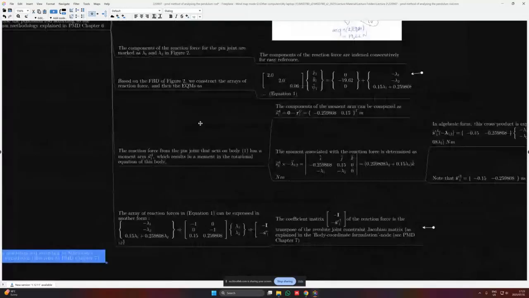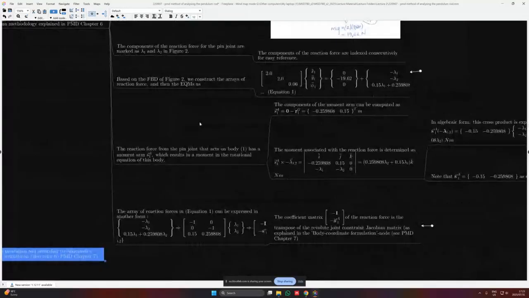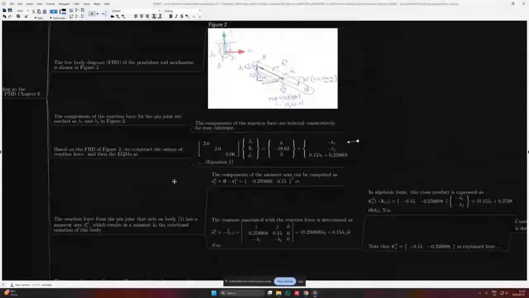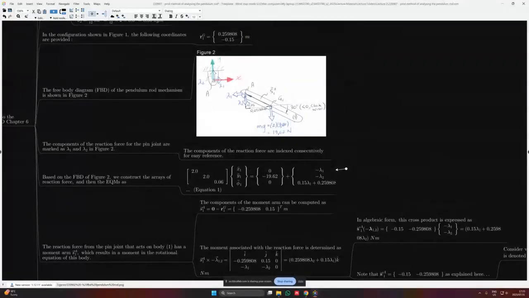All right, then the reaction force from the pin joint that acts on body 1 has a moment arm S1A. So this is the vector that I spoke about earlier. This vector is constructed from the center of mass to point A over here, where the revolute pin is located.